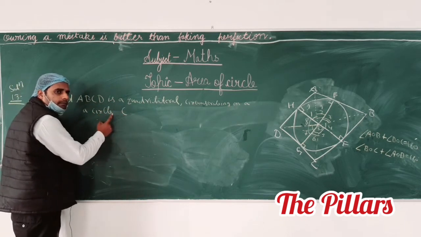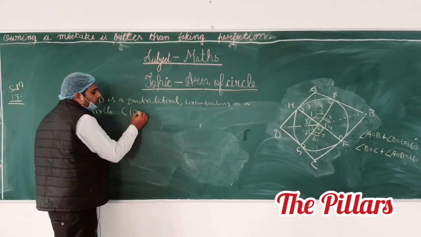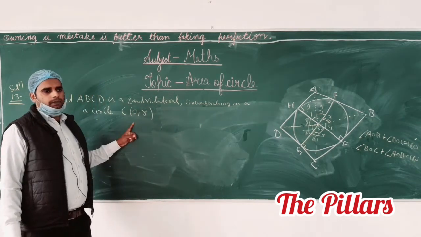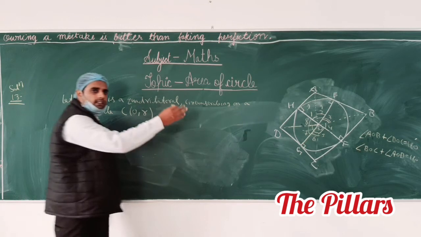You have to mark the circle with center O and radius R. Till here, any problem? This is our figure.